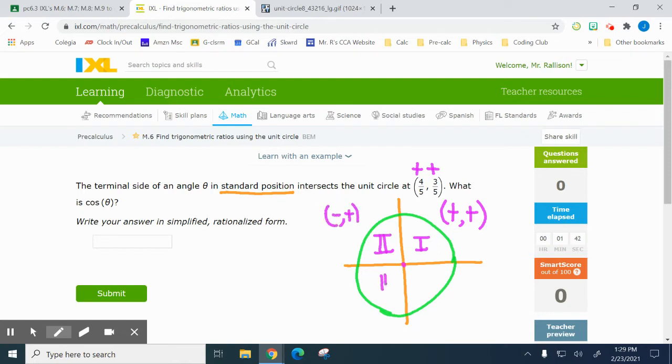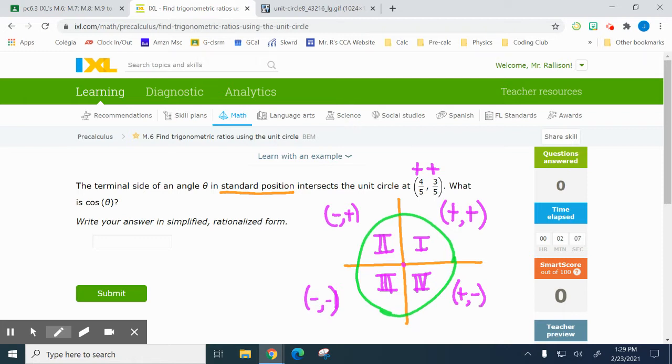All the coordinates in quadrant 3 are going to be negative, comma, negative. So it should be parentheses. And then in quadrant 4 are going to be a positive x value and a negative y value, which also means it's going to have a positive cosine and a negative sine, right?